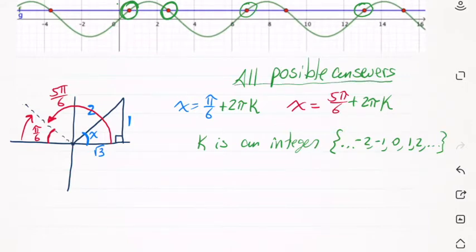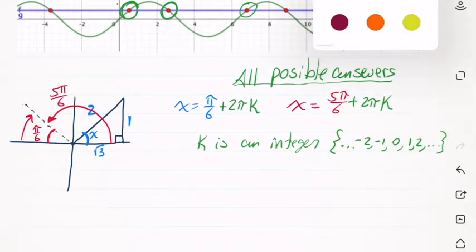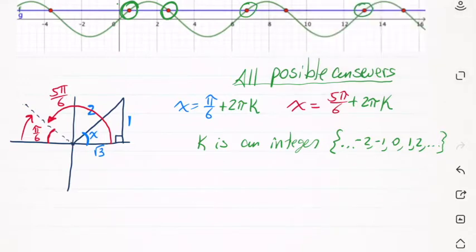Now, sometimes you just want the first rotation, the first period of the function's answer. 2 pi of the original curve only brings us to here.